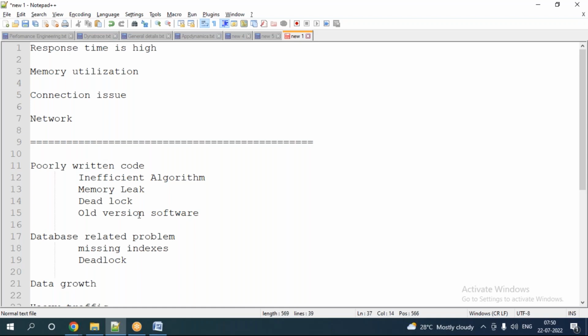Now why I explained these things, because in every activity your performance engineer can contribute. They can contribute, and then they can resolve all these kinds of problems.